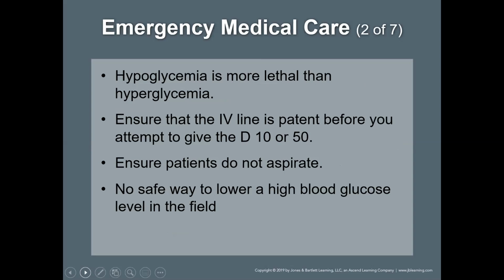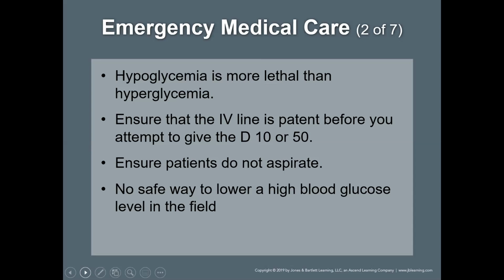Hypoglycemia or insulin shock is more serious acutely than hyperglycemia, although there's a lot of sequelae and problems that happen with hyperglycemia as well. If you have to treat the hypoglycemia, please ensure that the IV line is patent. And again, try to give D10 and not D50, but we're going to make sure that patency is there in the IV every 10 or so cc's.